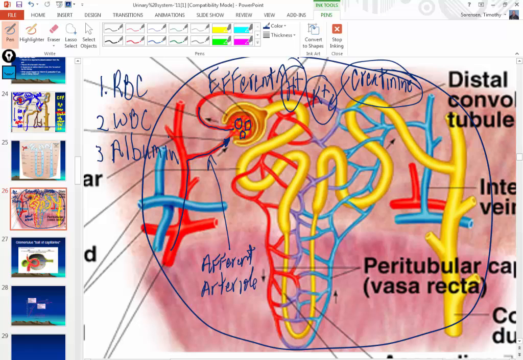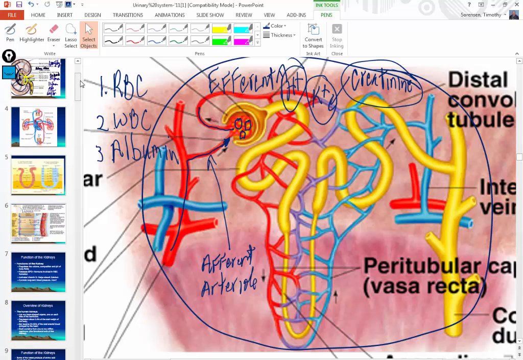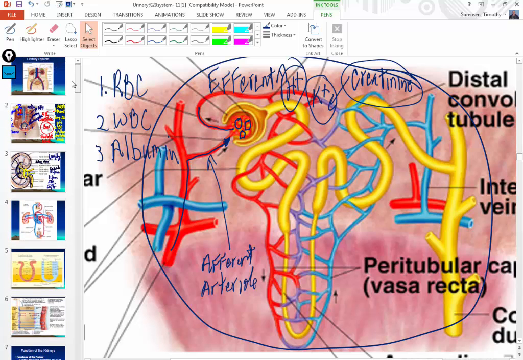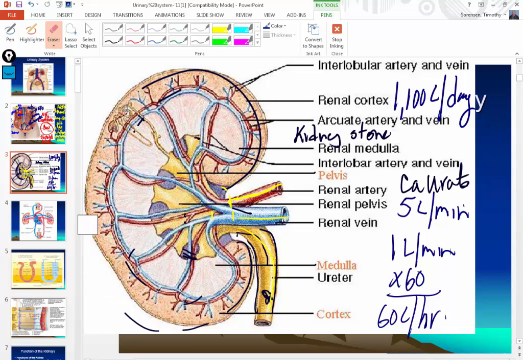Now, if you look at the basic structure of the kidney. Let me erase some of this stuff. This is the important piece.